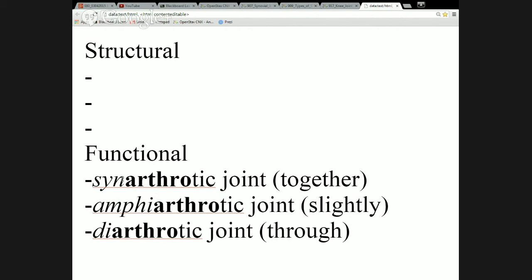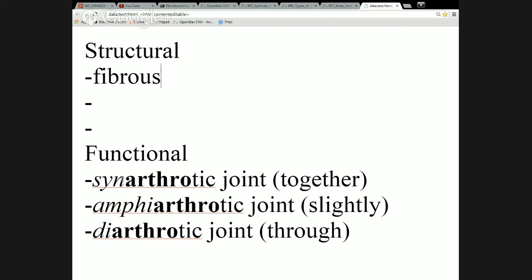So having laid that out, I want to go back and talk about the structural joints, which is really sort of getting at the tissues that are involved with how the joints are connected. The first group are called fibrous joints. And so that means that they're connected by fibrous tissue, which really means dense, regular or irregular connective tissue, usually regular.